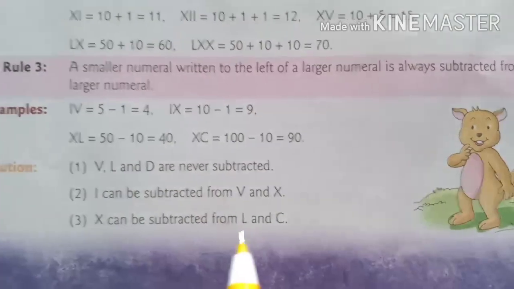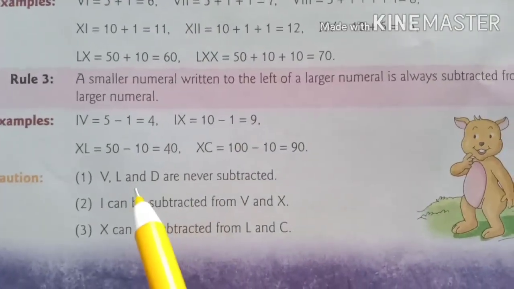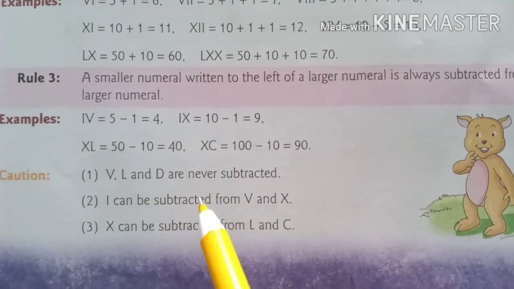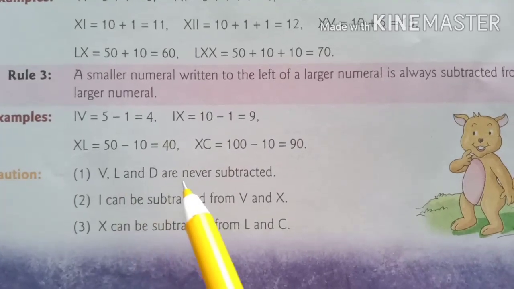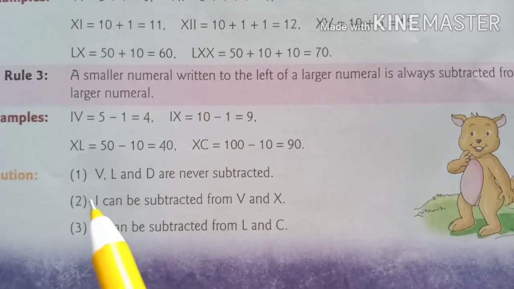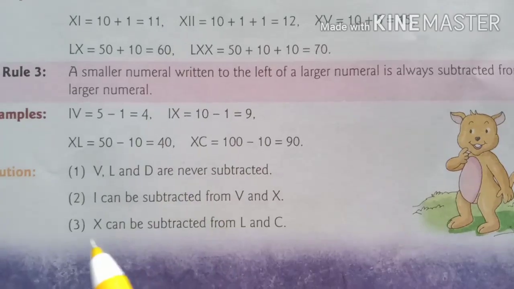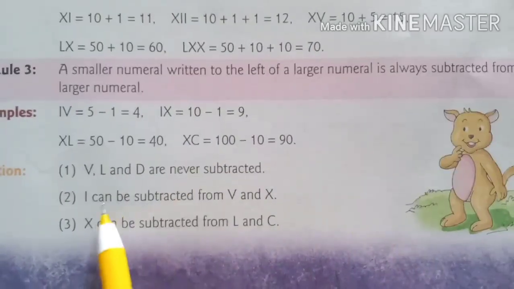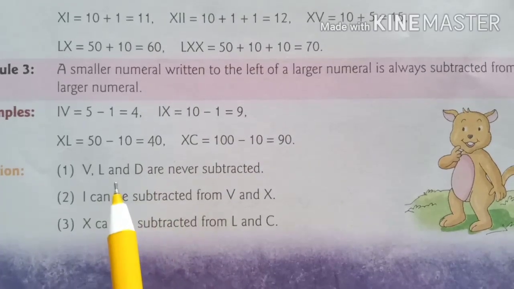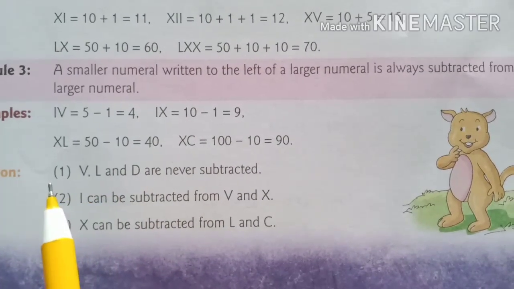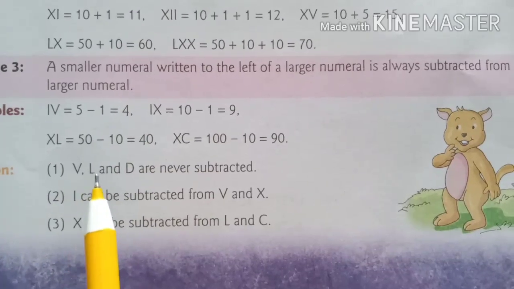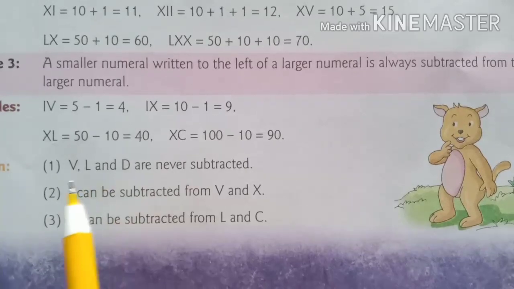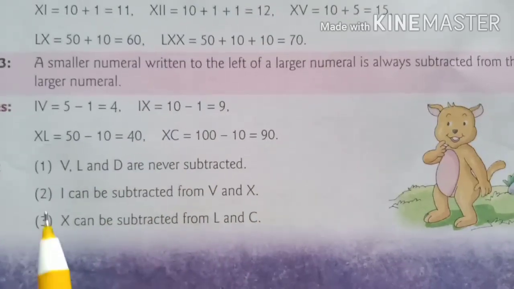See another caution, restriction. V, L, D are never subtracted. V, L, D are never subtracted with any symbol. Okay. These V, L, D cannot be in the left of any symbol because these cannot be subtracted. 2.